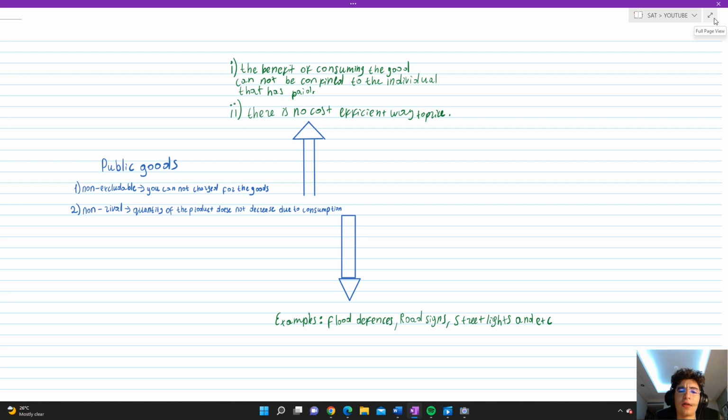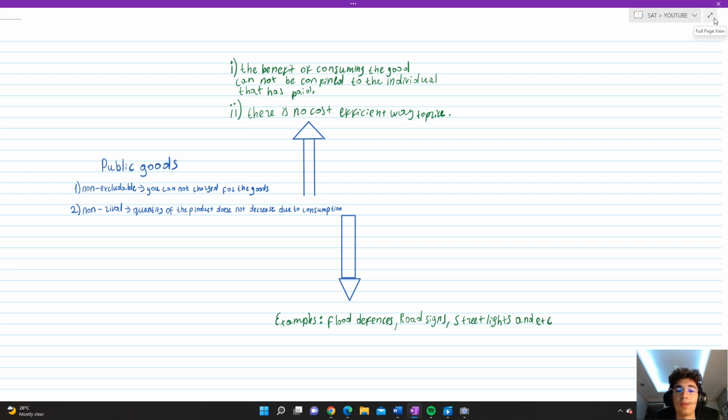You can argue the same thing for beaches. Take beaches for an example. Here I would say that it's non-excludable because of reason number 2: there is no cost-efficient way to price. In theory, there is a way private producers could build walls, right?